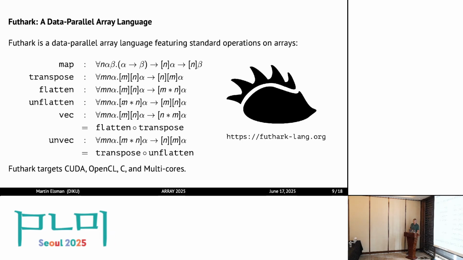So unflatten, for instance, will assume that it takes an argument which is specified as m times n. Syntactically, there needs to be m times n. It can be some expression, but it needs to be a multiplication of two size expressions, m and n, and it will then return an array by decomposing the multiplication and then constructing something of type m times n values.